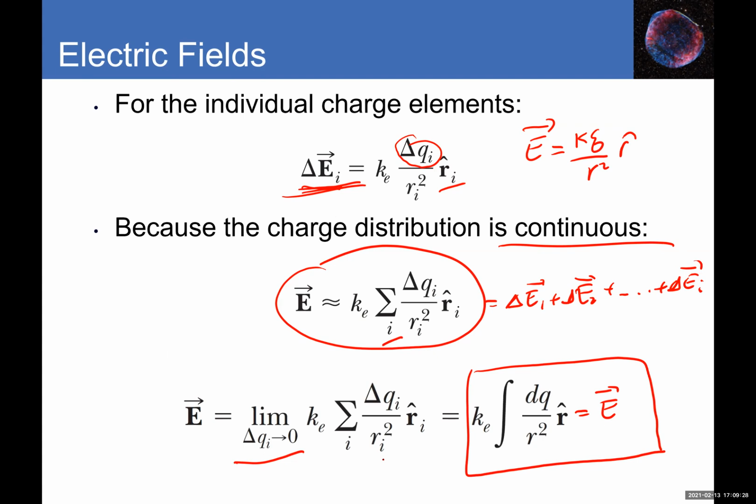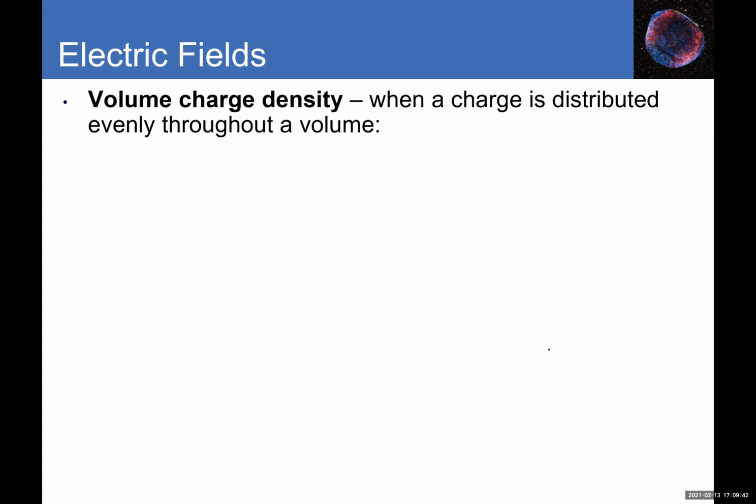All right, so the previous slide also talked about how we can have this distribution along some line or some surface or some volume. That means one thing we can see here is we can have a distribution over some volume.